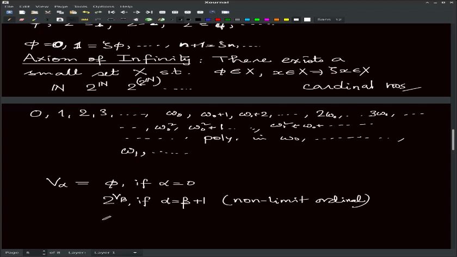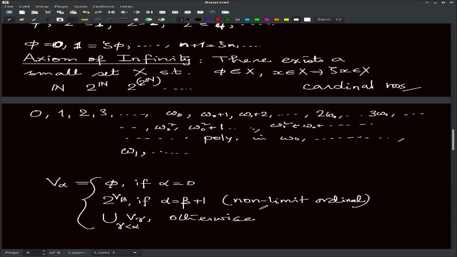And otherwise, it is the join. Or in other words, at limit stage we collect, at non-limit stage we construct by taking the power set.